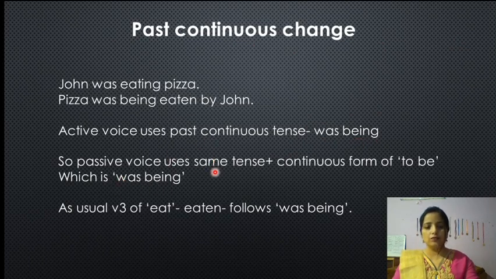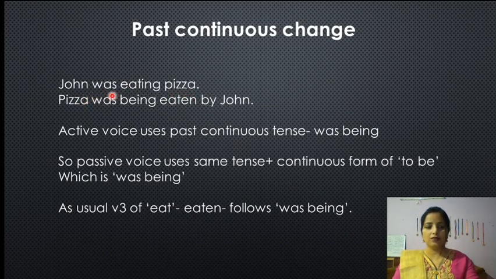So passive voice uses same tense. Have a look. Was eating, was being. Plus continuous form of to be, which is was being. And as usual, V3 of eat, eaten follows was being. So what happens here is pizza comes in the subject's place.